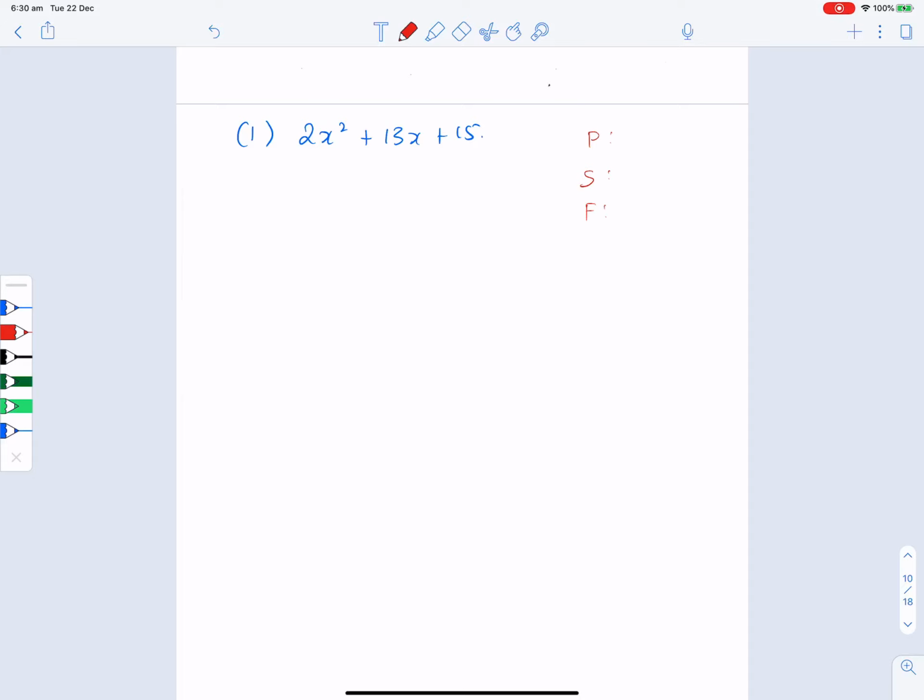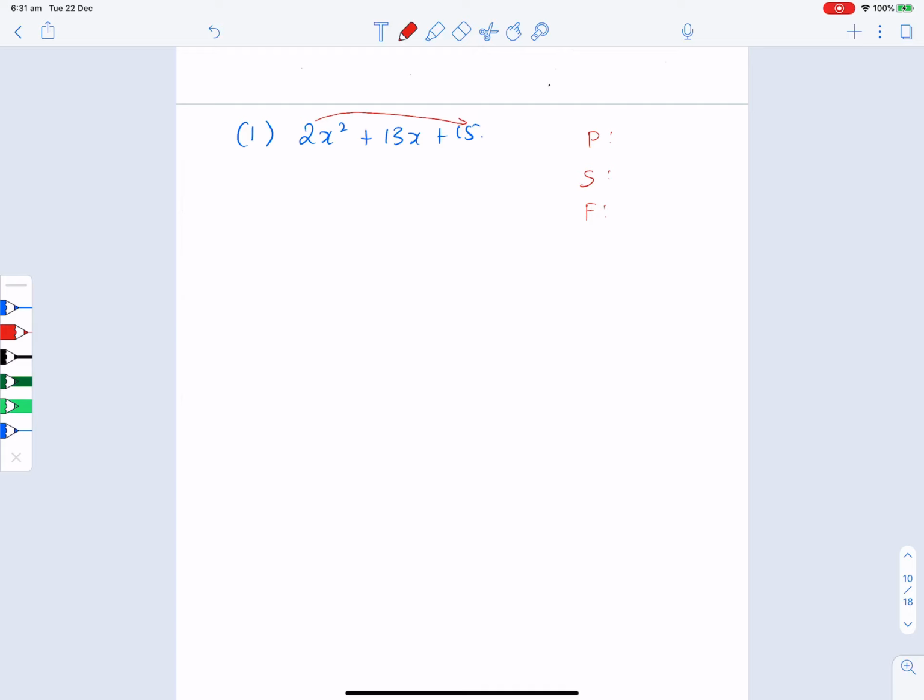You write these down on the side, and you see, when we had the monic trinomials, we said what numbers multiply to give 15 and add to give 13. Well, that no longer works here because we've now got a 2 at the front that we need to factor in. So what we do is we take the 2 and multiply it by the 15, which is 30.